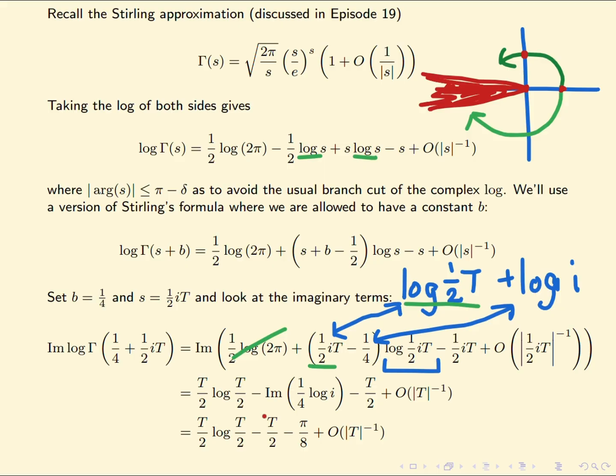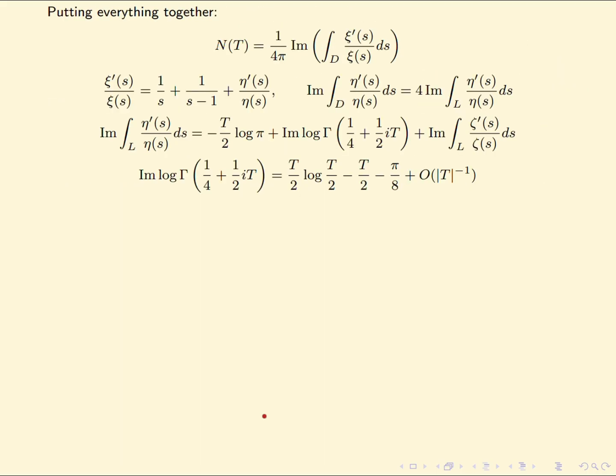And now I believe we're able to combine everything together. So the next slide is going to have a lot of stuff on it, to recap everything we did so far. We first defined N of t as the number of zeros inside a finite, bounded region of the critical strip. And using the argument principle, we said that it's equal to this contour integral.